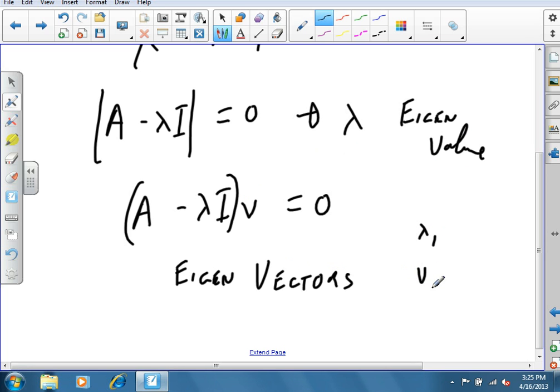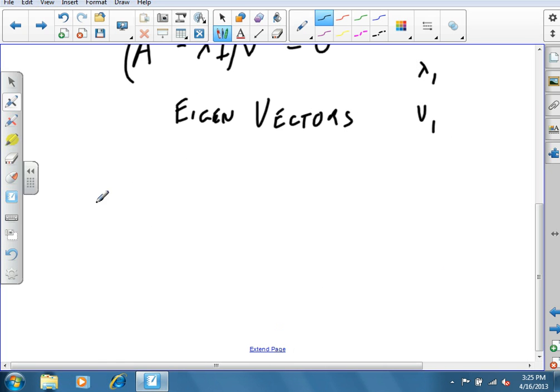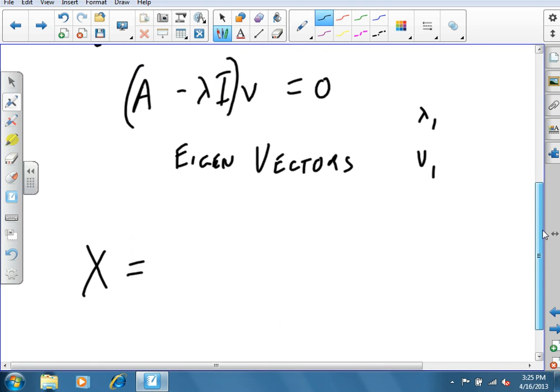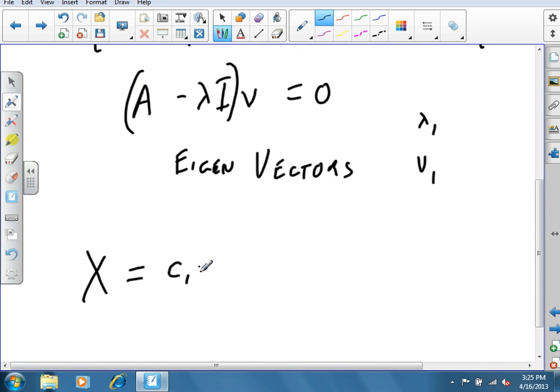I'd find a v1, an eigenvector associated with it. Okay, and then I would say my solution X is going to be c1 v1 e to the lambda 1 t plus c2 v2 e to the lambda 2 t plus and so on.